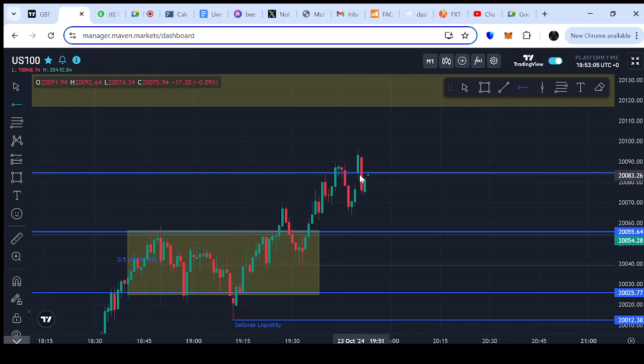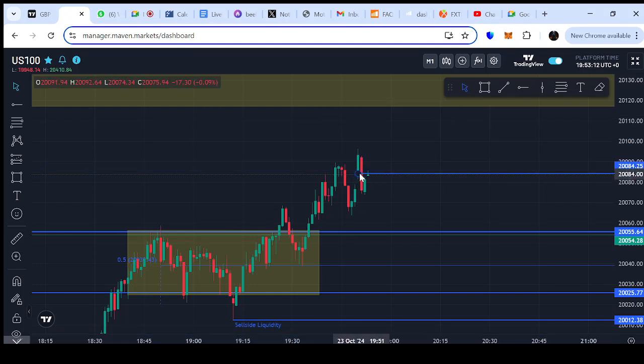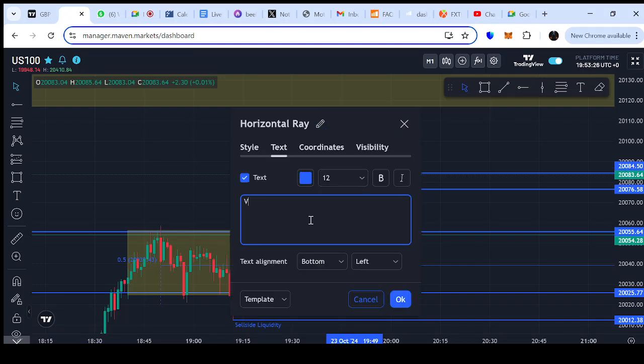Seeing this candle, the body. You measure from the body and this. That volume imbalance high.